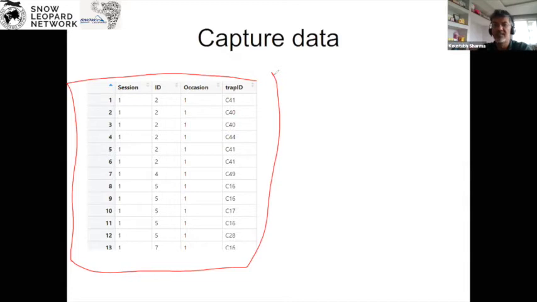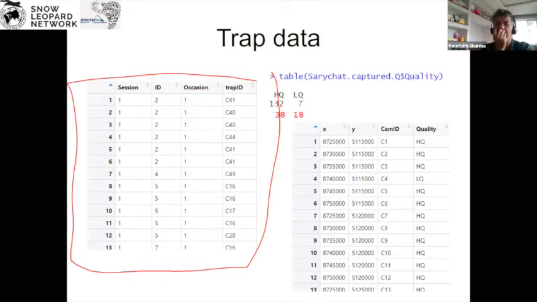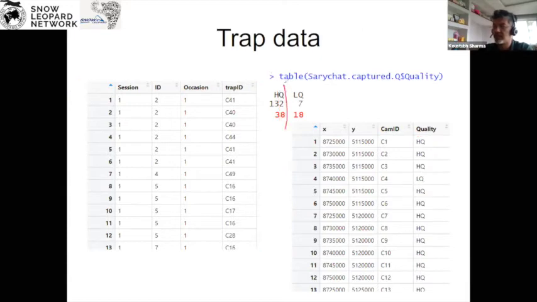All we are saying is that there are some cameras which are high quality and some cameras which are low quality. So C4 is low quality. Most of them were HQ in this case. There are other cameras. Actually, you can see the table here. I have 38 cameras which are high quality and 18 cameras which are low quality.